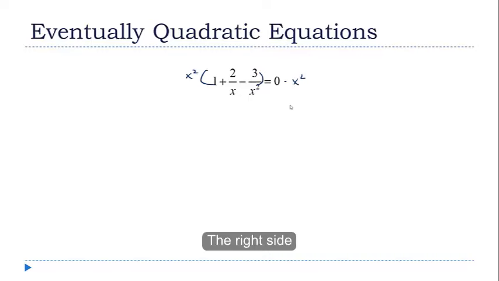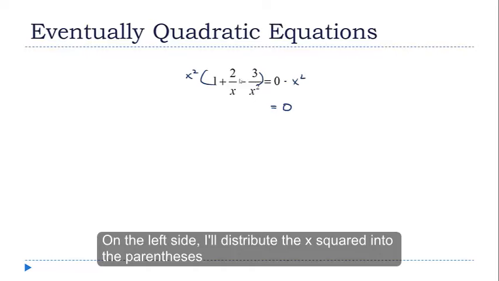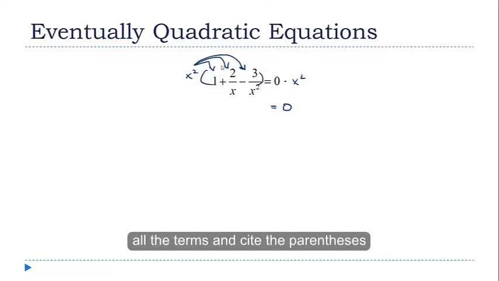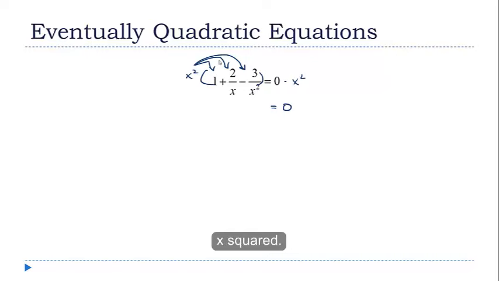The right-hand side just stays 0. And on the left-hand side, I'll distribute the x squared into the parentheses by multiplying all of the terms inside the parentheses by the x squared.